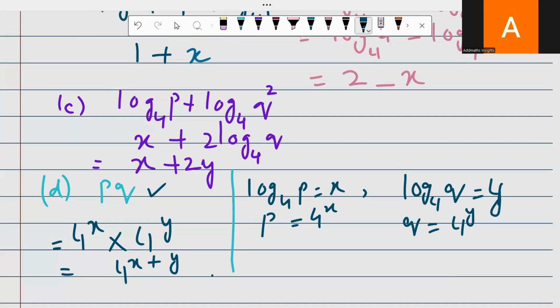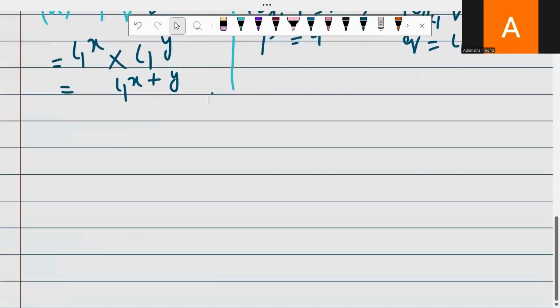So this is how you can apply these laws to express in terms of other variables. Furthermore, you can apply these laws to solve logarithmic equations. I will show you using different questions.